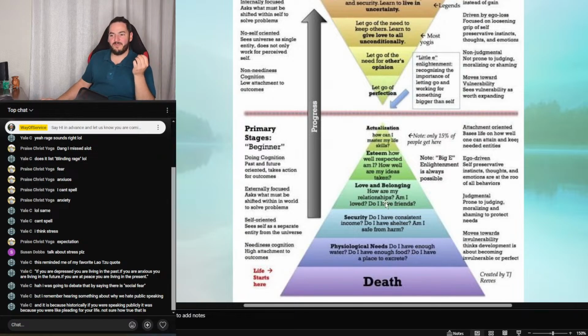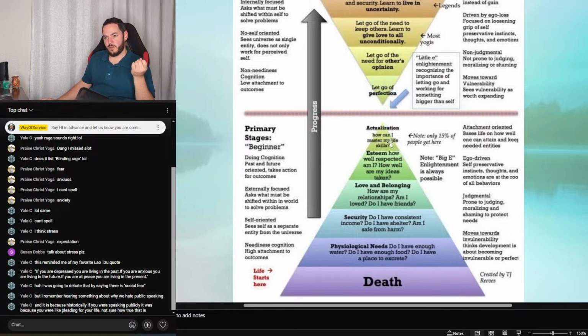Or if you're trying to figure out how to improve your relationships, but you don't have a job and you don't have a source of money, you're going to be focused on the source of money before you're going to be able to figure out how you can improve your relationships. So this scale shows us how we approach our life and how we can actually improve things, because we have to have the foundations in place in order to get to the higher levels.